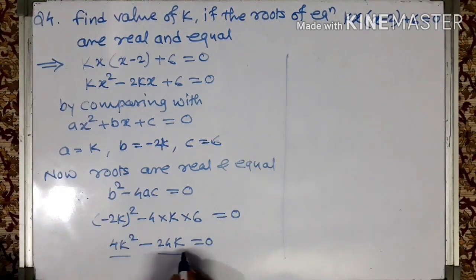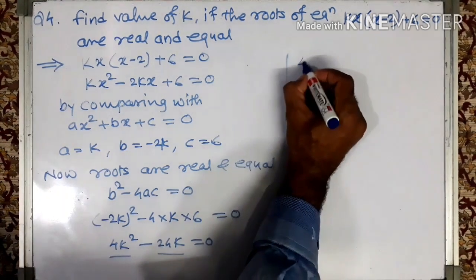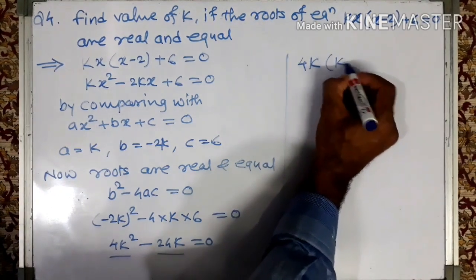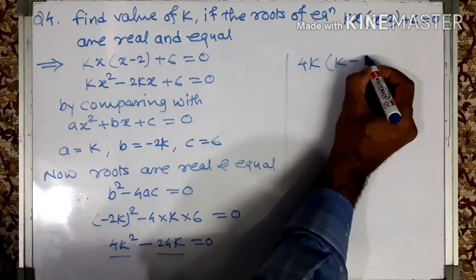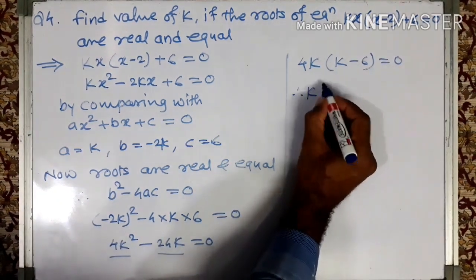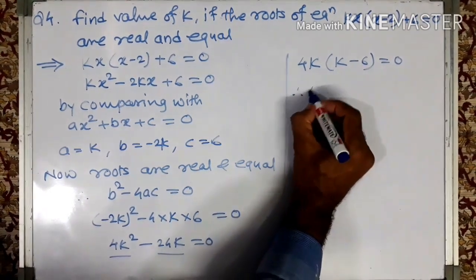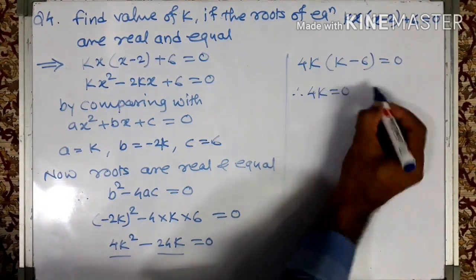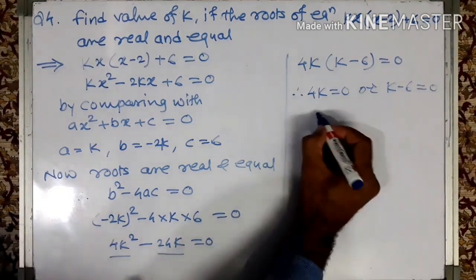Here by taking 4k as common, 4k in bracket k minus 6 equals 0. Therefore here product of two numbers is 0. That means 4k equals 0 or k minus 6 equals 0.